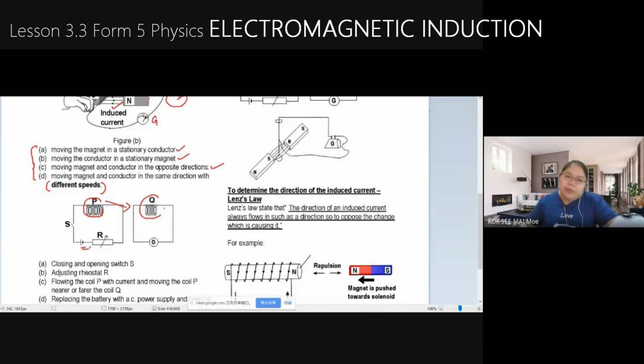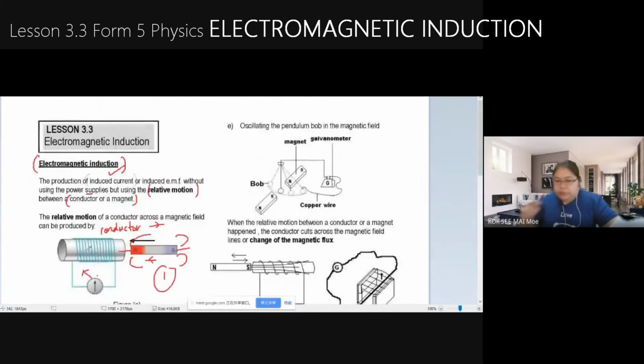Then we see the last situation. The last one is two magnets. They have two bar magnets, and an oscillating pendulum bob at the middle. When it oscillates, it cuts the flux, right? The center has flux.